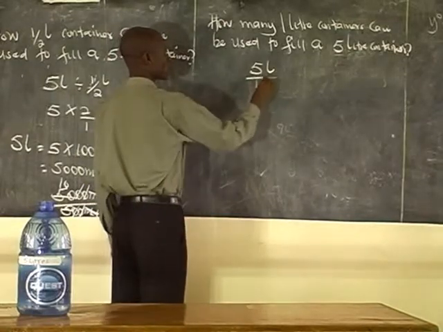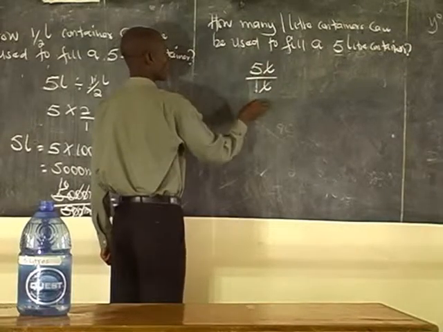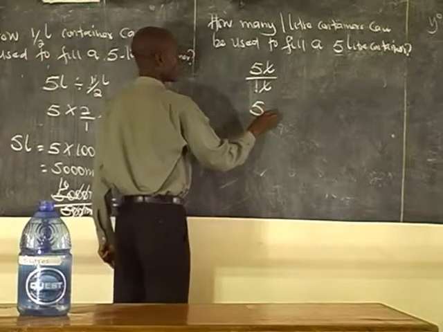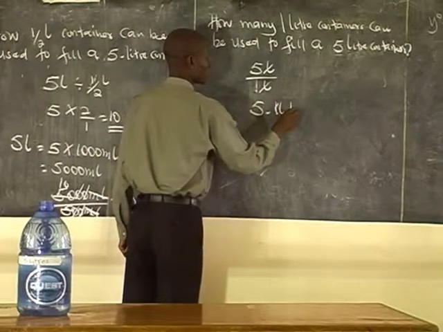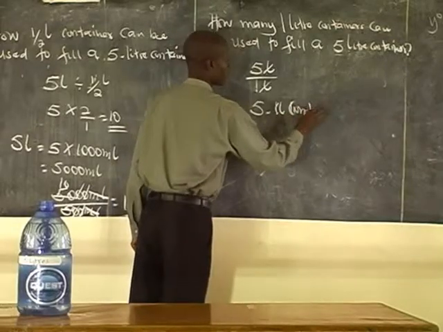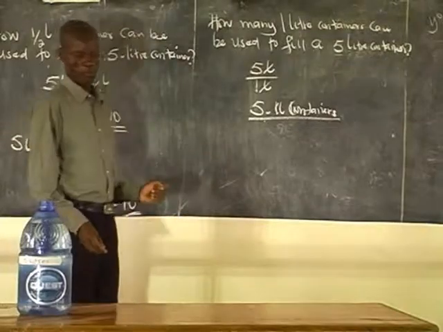So we can simplify the liters, then we say 1 goes into 1 once and into 5 five times. So we need 5 1 liter containers to fill a 5 liter container. So that's how we can solve the problem.